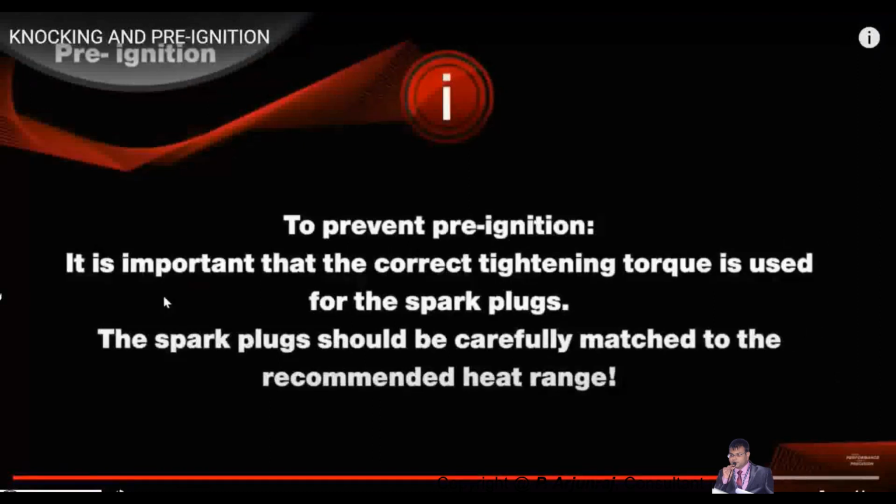Even to prevent pre-ignition, it is important that you have the tightening torque properly for the plug. And again, the spark plug should be carefully matched to the recommended heat range. So if the heat range is going to be higher, that will also lead to pre-ignition.